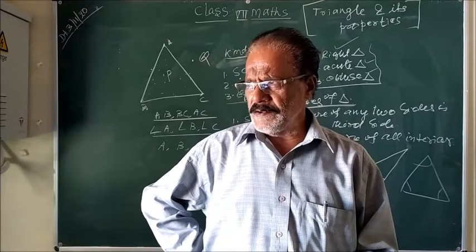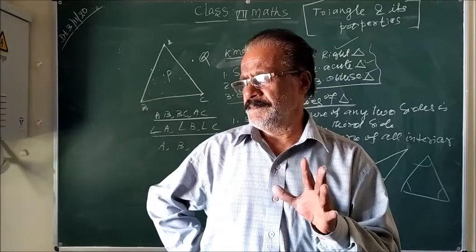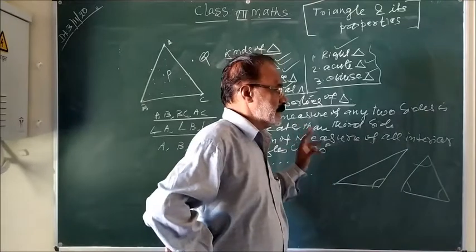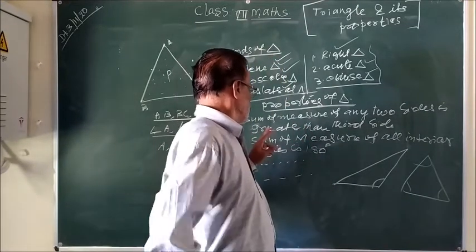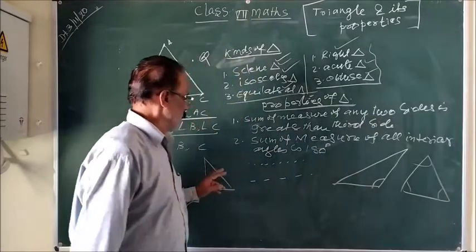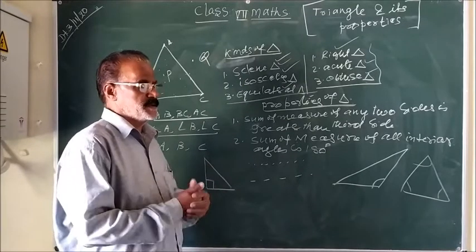For any triangle, the sum of any 2 sides should be greater. And if it is less than the third, that triangle cannot be formed. And the important property is that the sum of the measures of all the interior angles is 180 degrees. These 2 are important properties.